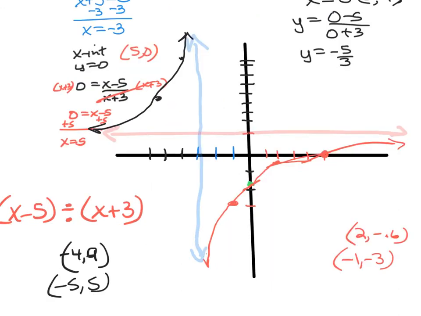I have an x-intercept here at 5, 0. So the red part of the graph down here does cross the x-axis. And then here's the black part up here for the values that are less than that vertical asymptote, which remember was at x equals negative 3. So how do you get the red line?